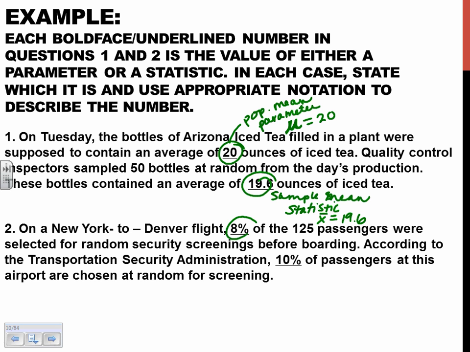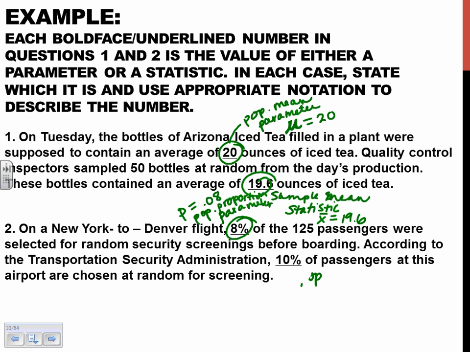Right here, this 8%, this was on one flight out of many. So this is a parameter. This would be the population proportion. And that is P equals 0.08, or you could say equals 8%. 10% is the, sorry, erase what I just said.